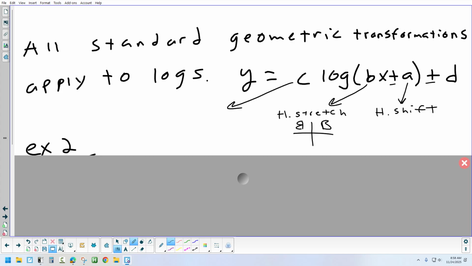Okay, C. Now we're on the outside of the function, outside the argument, and we are multiplying. Just saw an example of that in the last question. What does C do? Yep, it's a vertical stretch.